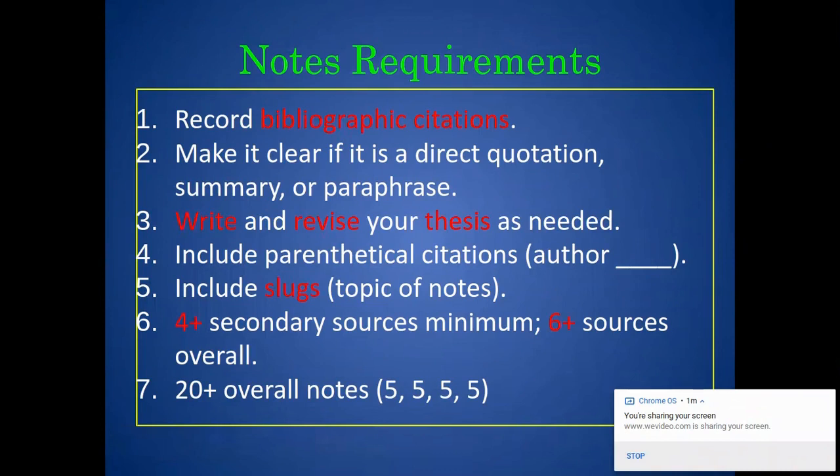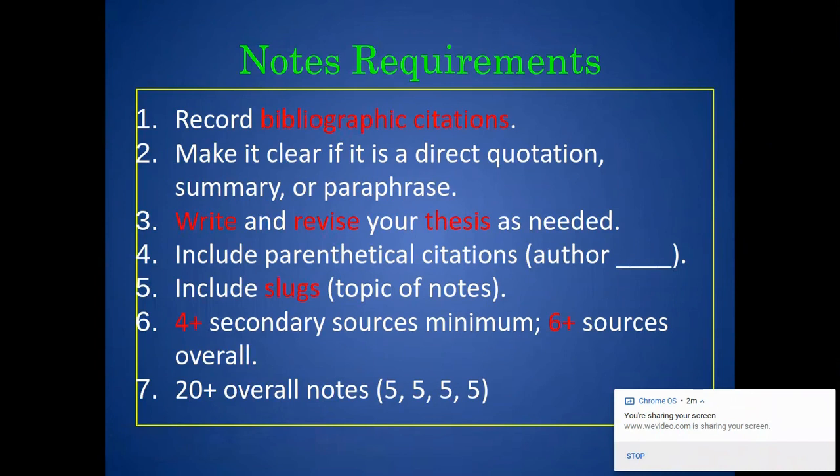We want to develop a thesis as we're going, and to understand that this is going to be revised quite a bit. We want to include our parenthetical citations, which in most cases is just going to be the author's last name, especially for the critics. For your primary sources, it's going to be author and then a space and then the page number. We want to make sure that we include slugs so that we know what each note is about.